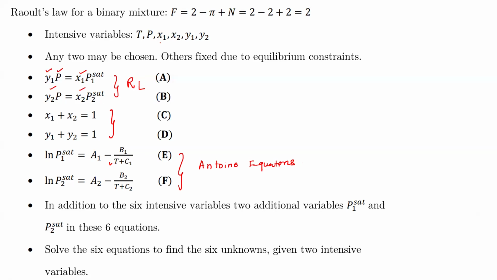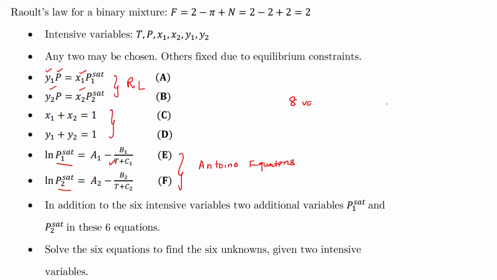These were the 6 we were mentioning earlier. Now later, P1 sat and P2 sat are the additional variables. So now we have 8 variables and 6 equations. So we should know at least 2 of the variables to solve the system.